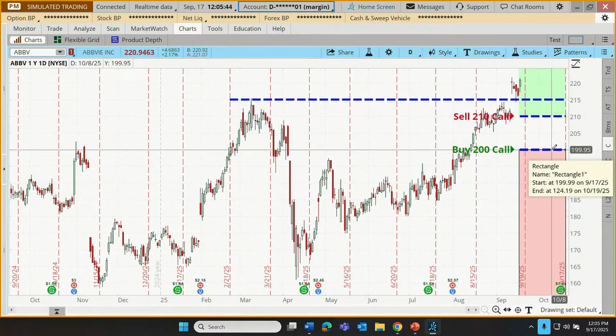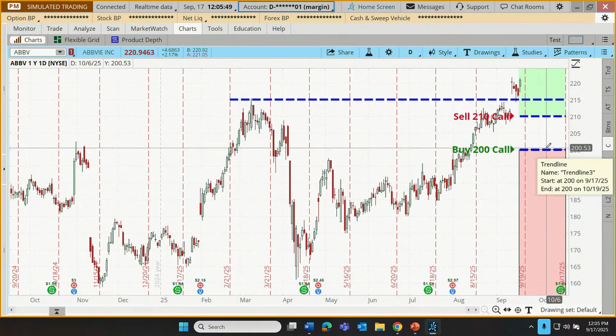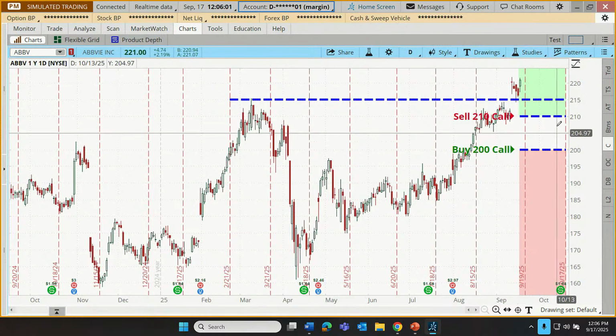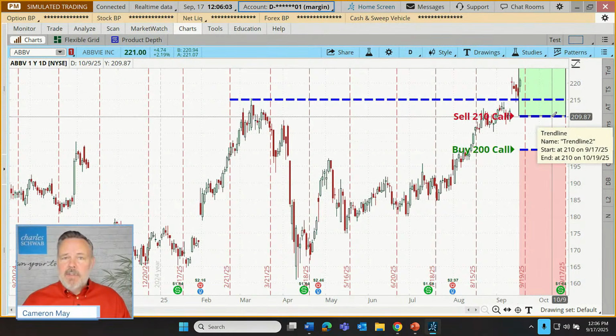In that case, the long option might get assigned. We buy some shares, but the short option expires worthless. We wind up owning some shares that we never set out to own in the first place. So what are the odds of ownership at expiration? That's another good question. So let's go look at each of those scenarios.